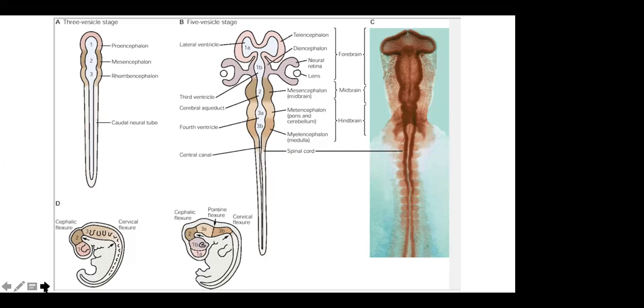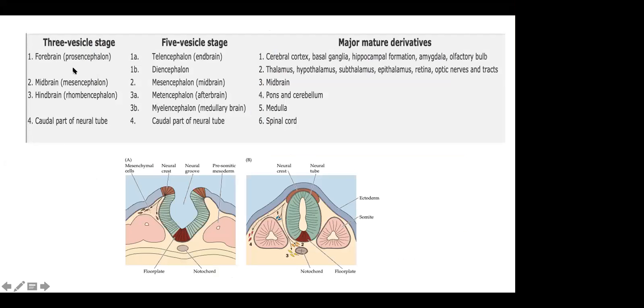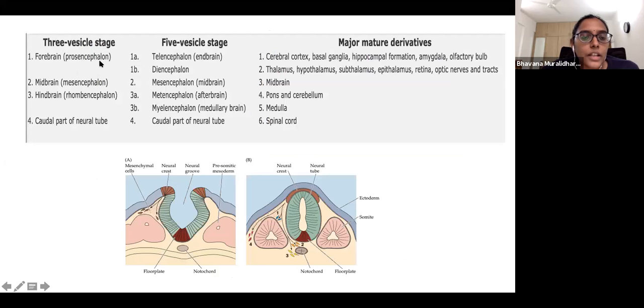Okay. So as I said, the 3 vesicle stage then goes on to the 5 vesicle stage, and shown here are the major derivatives from some of these vesicles. So the forebrain then goes on to form the telencephalon, which then goes on to make the cerebral cortex.